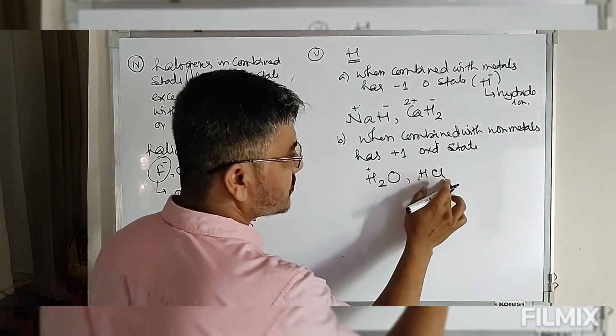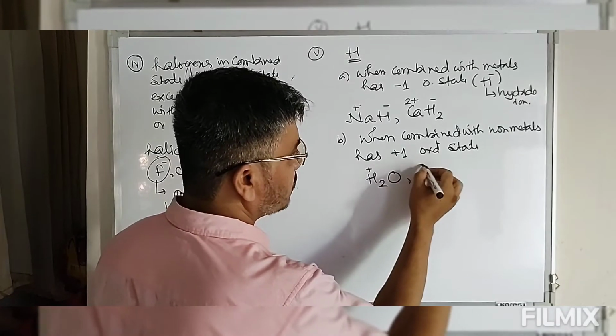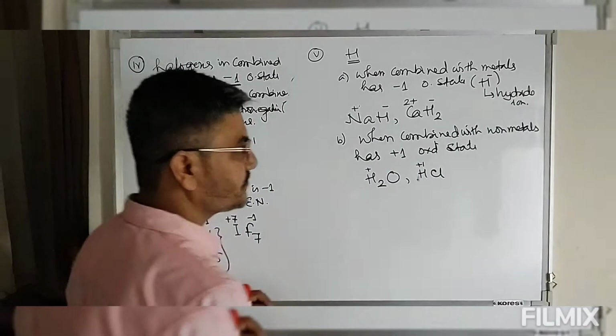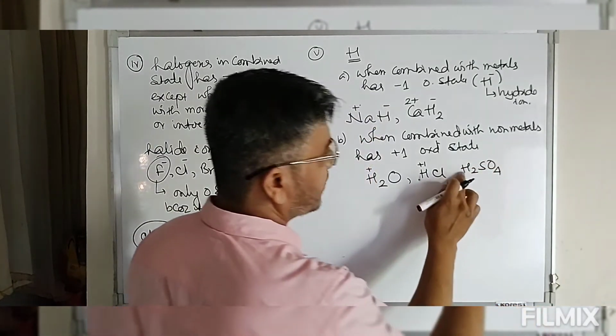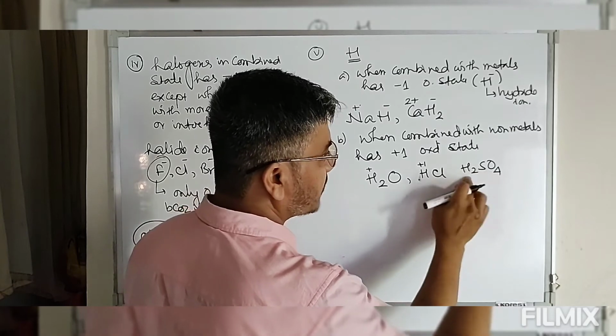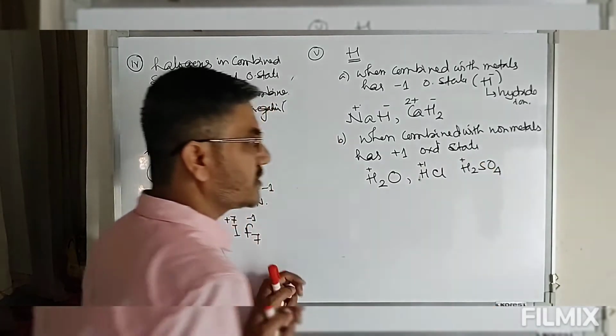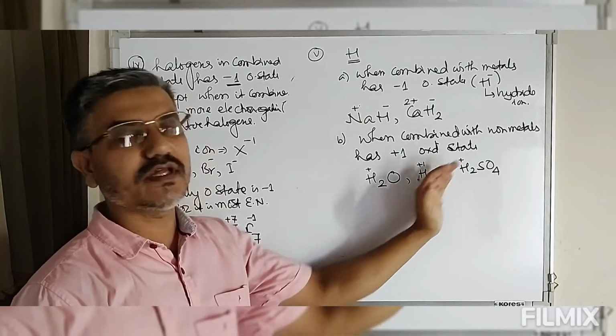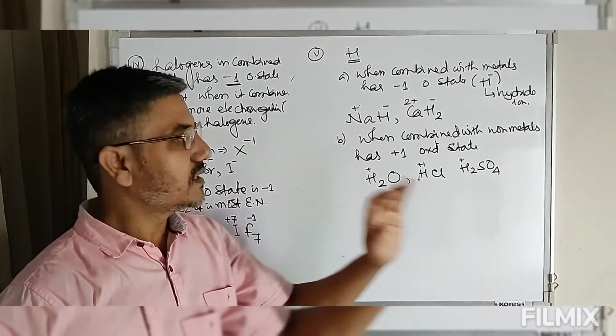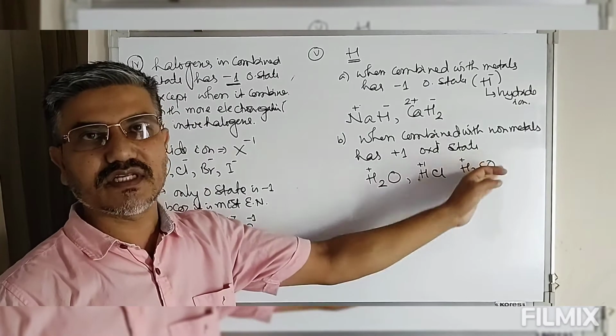HCl: chlorine is more electronegative than hydrogen, so hydrogen is +1. H2SO4: hydrogen is bonded to oxygen, so hydrogen is +1. Whenever hydrogen is attached to more electronegative non-metals, its oxidation state is +1.